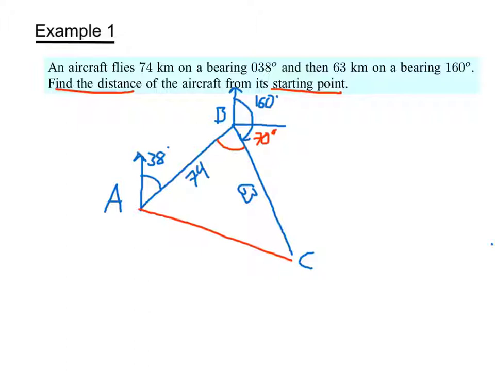I can also figure out this angle here, because I know that if I were to drop a line straight down, this line is parallel to the north line at A, and therefore these two angles have to add up to 180. So 180 minus 38 gets me an angle of 142.